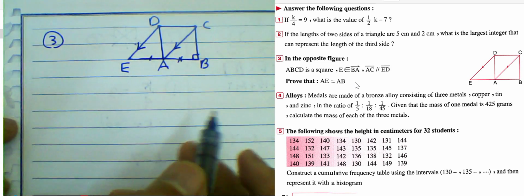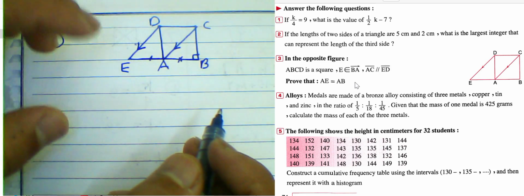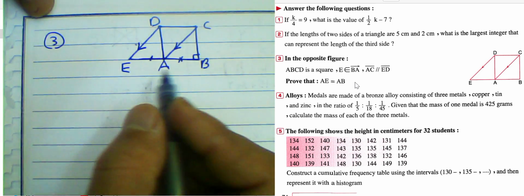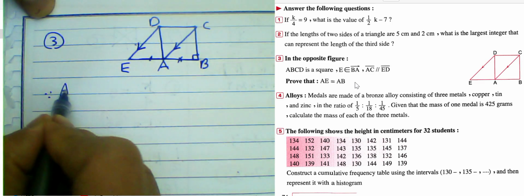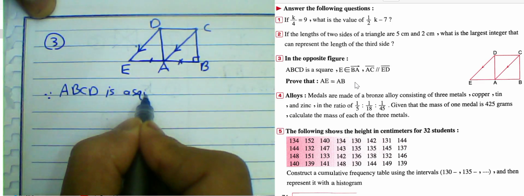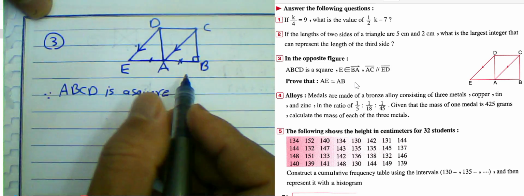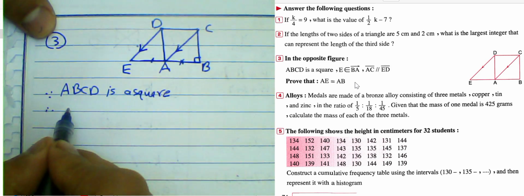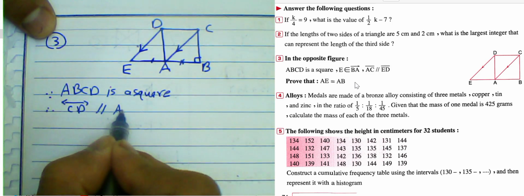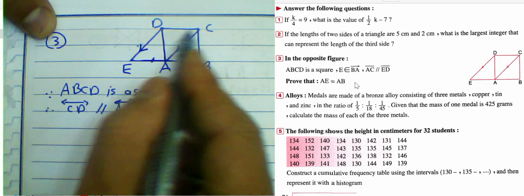First step, we must prove that DEAC is a parallelogram. How is this? We know ABCD is a square, such that ABCD is a square. Then CD is parallel to AB. They are parallel.